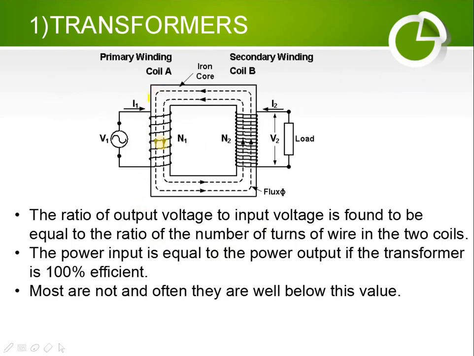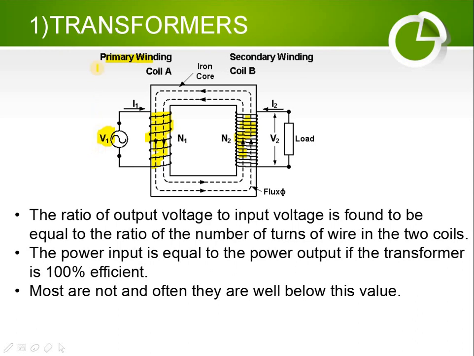Now you can see from this point that there is no physical connection here. This is the first coil, called the primary winding, and this is the secondary winding here on the right side. Basically this V1 is not V1, you can say this is VP. P is written in subscript, replaced here by 1.